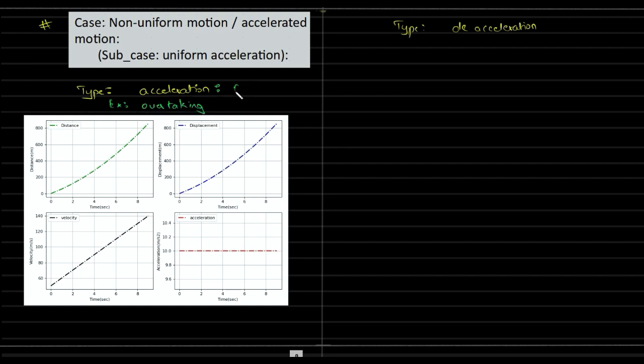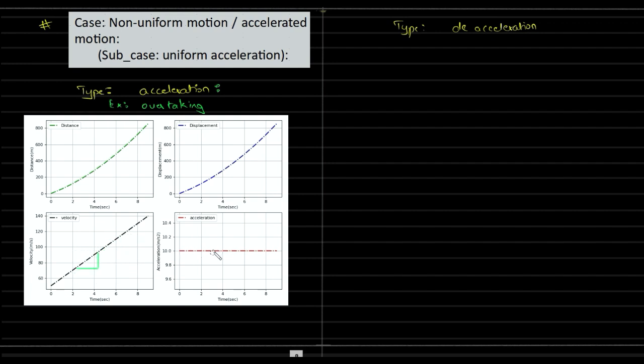So what happens with velocity? It keeps on increasing at a constant rate because it is uniform acceleration. So every 2 seconds it is of constant acceleration. So let me show it to you guys. That is the rate of change of velocity over there, and it is same anywhere. You take any 2 point, it would be same.